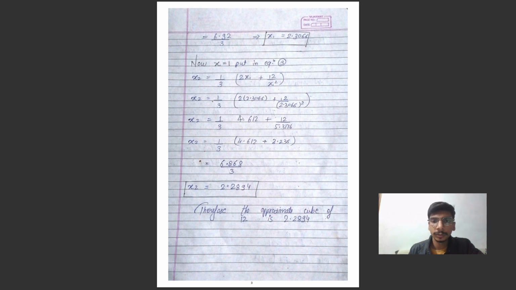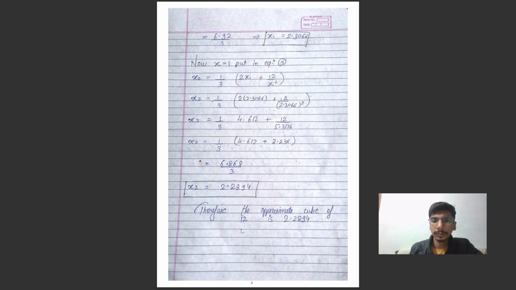So after doing the calculation, we got the value for x2 is equals to 2.2894, which is the approximate value of the cube root of 12. Therefore the approximate cube root of 12 is 2.2894. So this is the way by which we can perform fixed point iteration for the cube root.